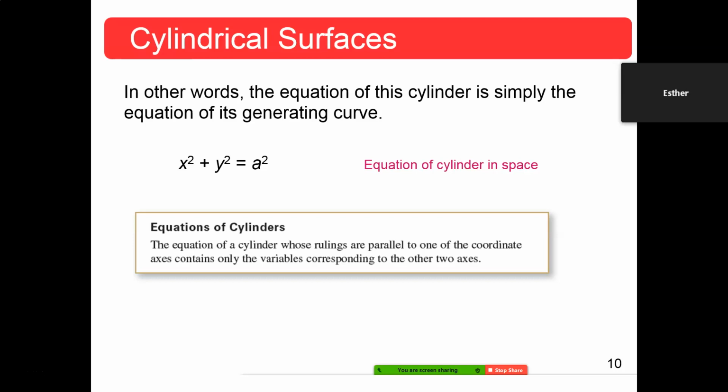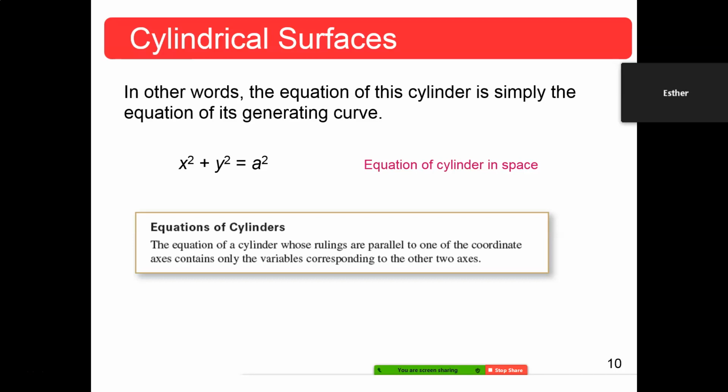And that's a cylinder in space. It looks like it's a circle in the xy plane. It's not. It's every line that traces that circle in the xy plane, parallel to the z-axis.